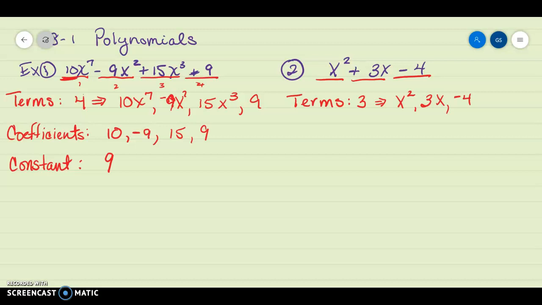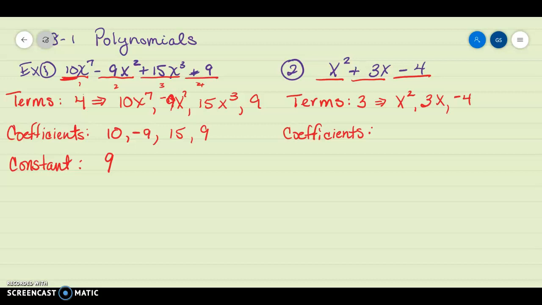Then we have what are called coefficients. Coefficients are the numbers that come before the variable, or the big number part of each term. Look at this x squared. There is no big number in front of it. Or is there?